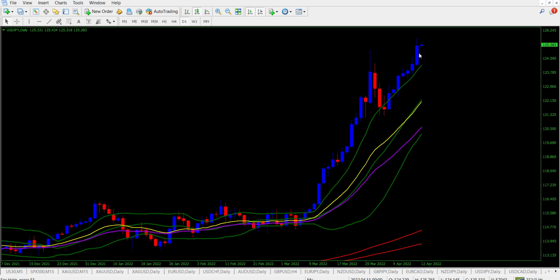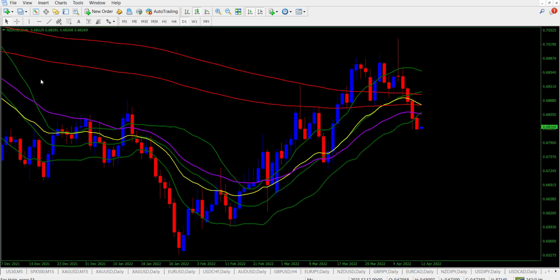So we had a breakout, but we are at the top of the trend. So what I'll do, I'll wait for the New York time. If I find any pattern, I will definitely trade this pair, but for now it's risky to buy at the top of the trend. I'll put this pair on my radar and we'll see what we have in the New York session. I'll update you guys on my Telegram group.